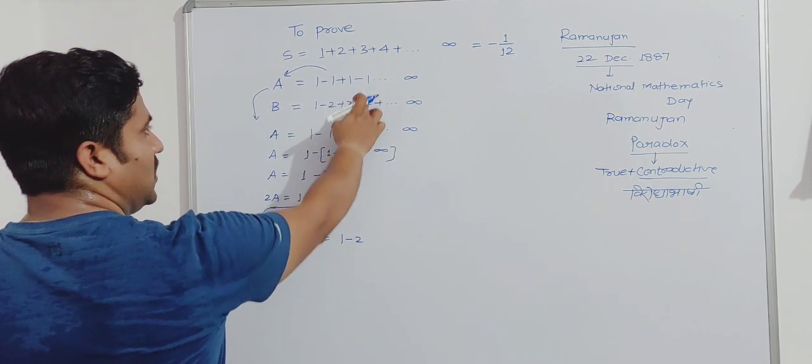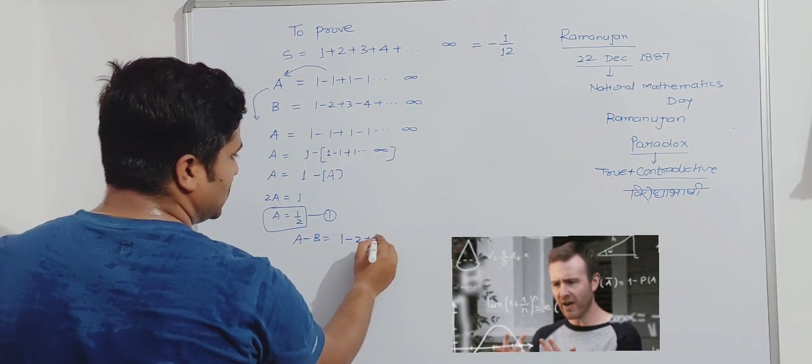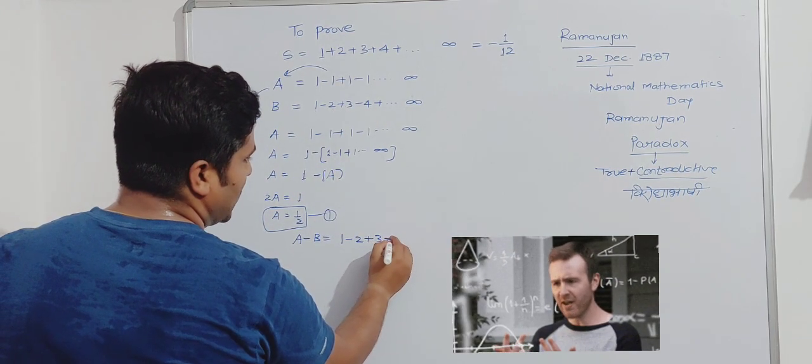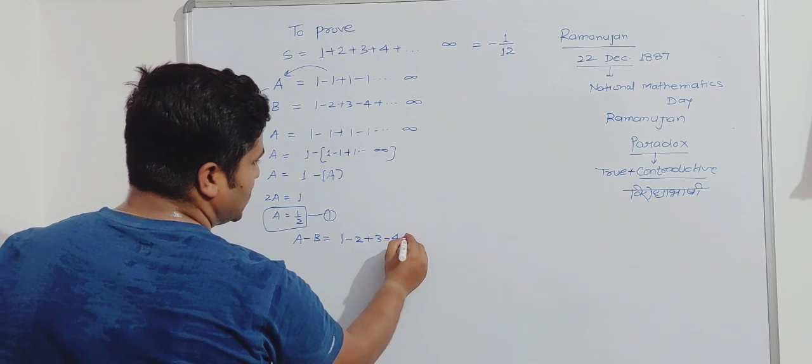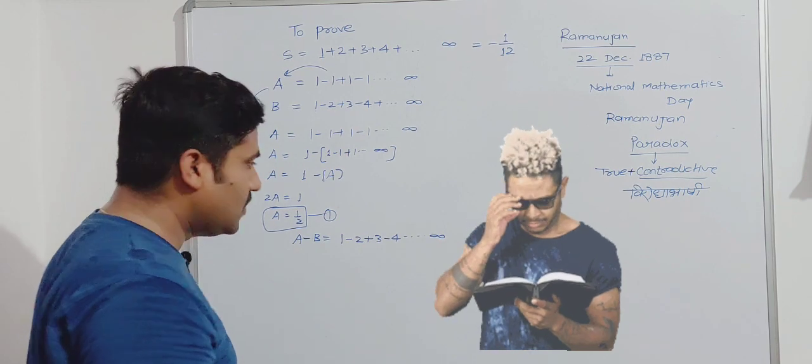So minus 1 and it becomes plus 4. Okay, so plus 4 and minus 1 becomes plus 3 and minus 4 and so on. Getting my points?